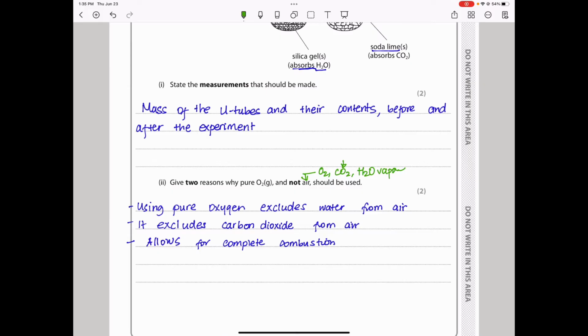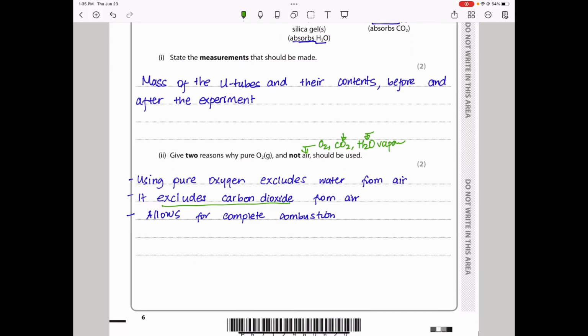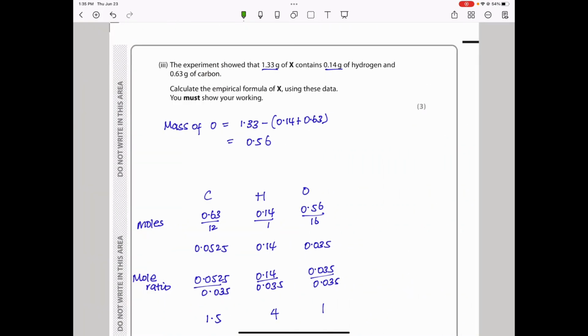And also air contains water vapor, so this is going to contribute to the mass of water. So to exclude the contamination from the water as well as the carbon dioxide, pure oxygen has to be used to exclude CO2 from air and allow complete combustion, as well as excluding the water vapor from the air. I'll continue to the next page.